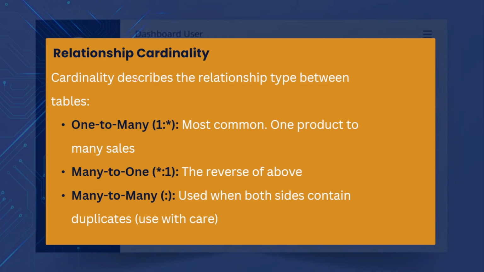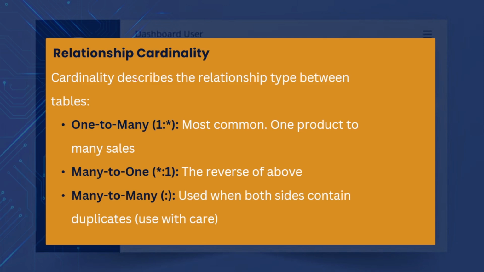So that means many people can buy one product basically, right? Good. So many people are buying one product. That's one product to many sales. So it can be connected to many sales. That's one to many. Then you have many to one, which is the reverse of the one to many.